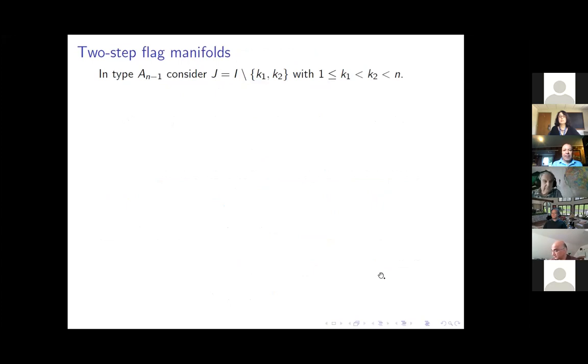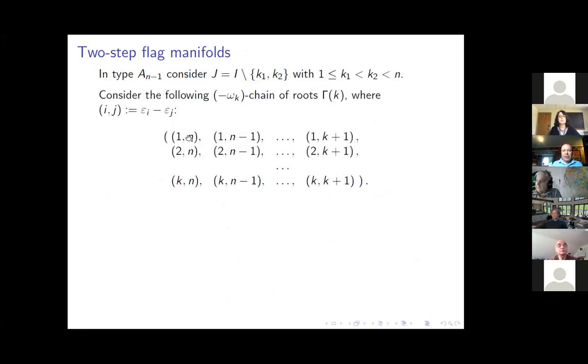And then for two-step flag manifolds, now you remove two simple roots, k1, k2, k1 less than k2. Here you need to take some specific negative omega k chain, which is denoted here. ij is just the type A root epsilon i minus epsilon j. So you take the sequence of roots shown as a matrix.